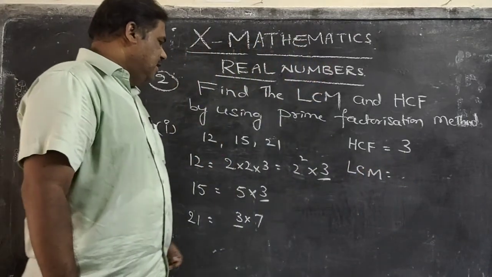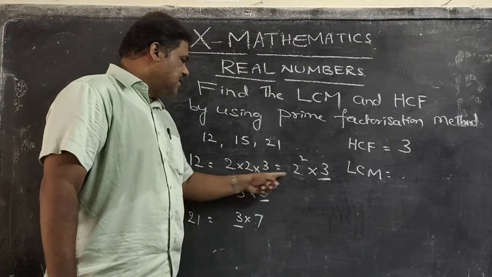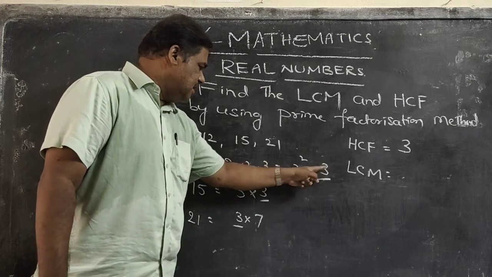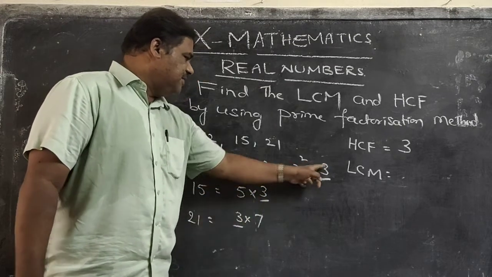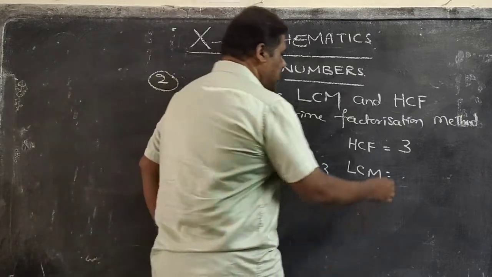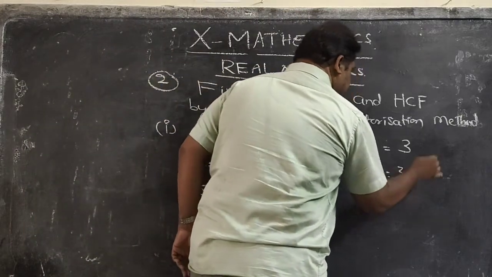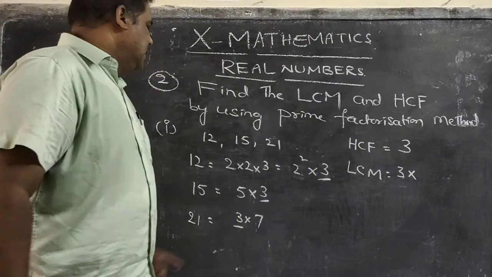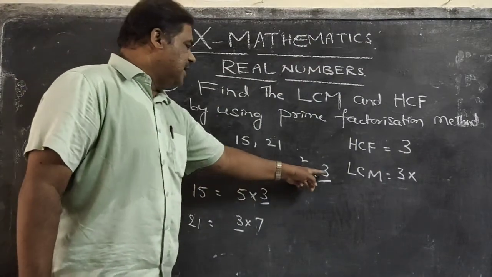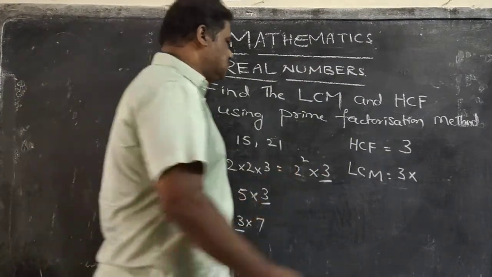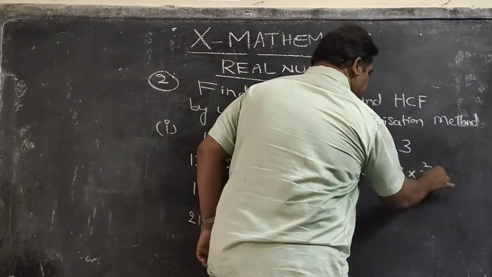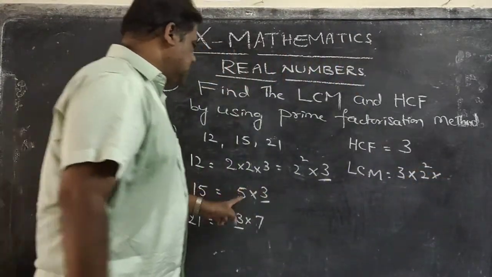Now LCM. LCM means we have to take common factor with highest power. Of course here all the common factors are having same power. So you take common factor with highest power. So 3. Next, in all the numbers remaining all factors we have to take. Here remaining factor is 2 square. Here remaining factor is 5.